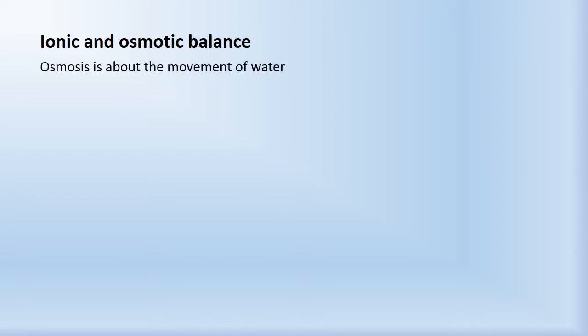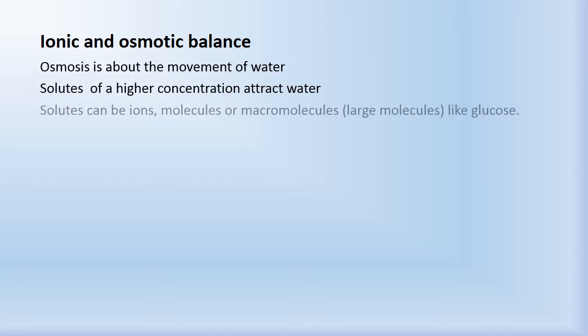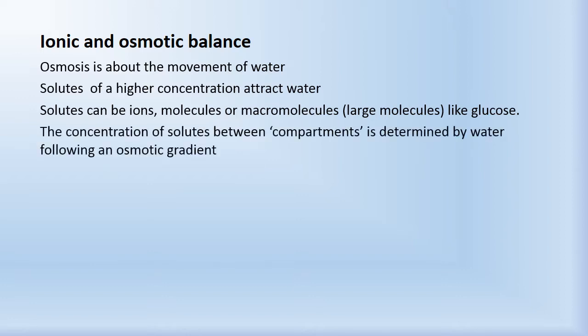Osmosis is about the movement of water, not of solutes. Solutes of a higher concentration, however, attract the water, and solutes basically can be all chemicals. So solutes can be ions, molecules, even macromolecules like glucose. The concentration of solutes between two different compartments is determined by water following an osmotic gradient.